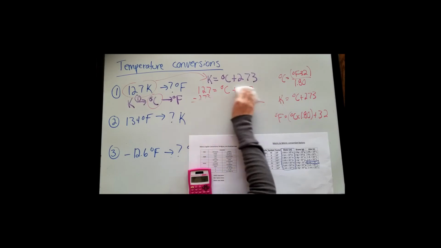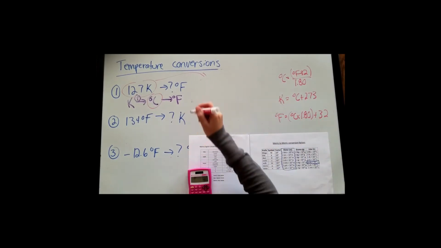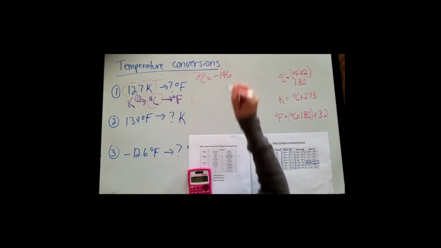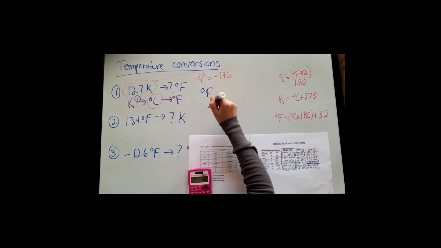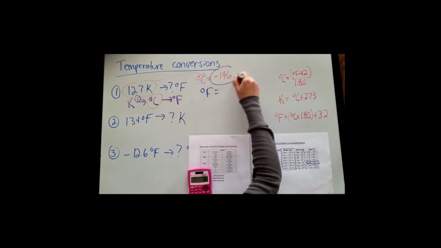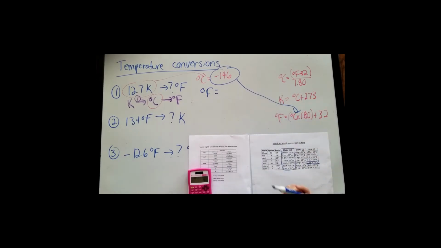Let's go ahead and erase this. So my degrees Celsius is negative 146. Now what I'm going to do is I need to figure out degrees Fahrenheit. So using this equation, I'm going to plug in the negative 146 where the degrees Celsius is.